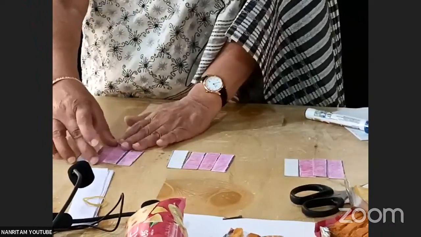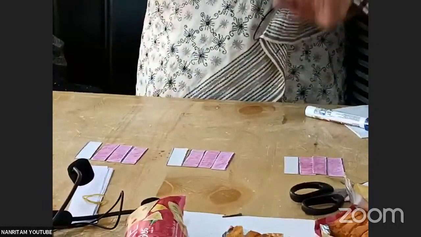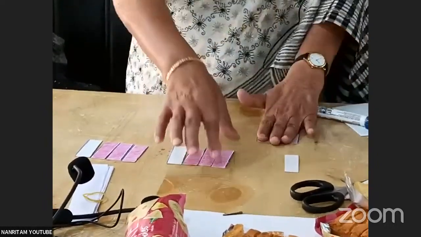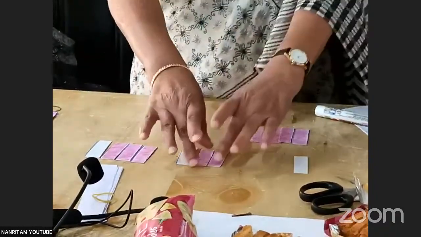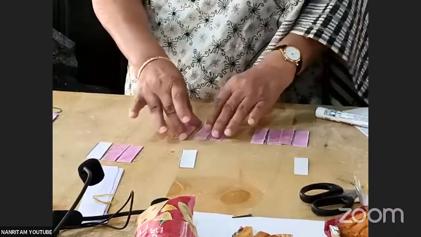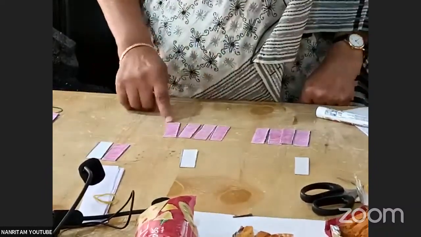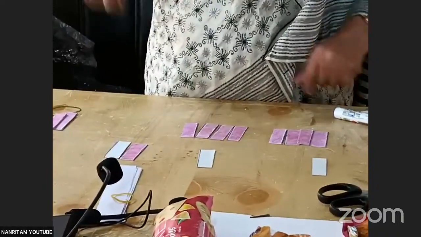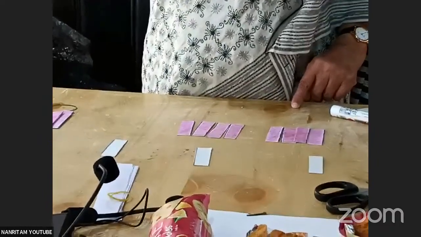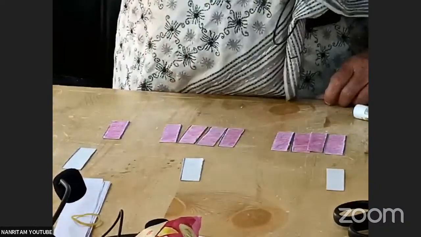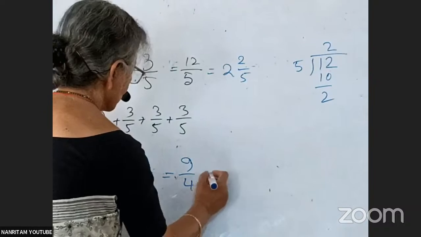The shaded part is 3. Now we are adding the 3/4 portions. So this 3 and 1 makes 1 whole. The 4 makes 1 whole. Now this 3 and 1 makes another whole. These 4 portions make 1 whole. And this one is what? 1. 1 whole, 2 whole, and 1 whole.